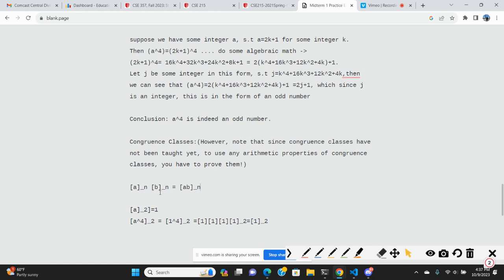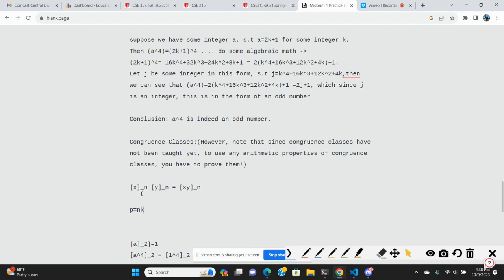So now we have to prove that given some x and y, if we multiply their congruence classes, this is the same thing as the congruence class of xy mod n. And how you would do that is you would prove that, since x represents the set of all numbers, let's say p is an element of the congruence class of x mod n.